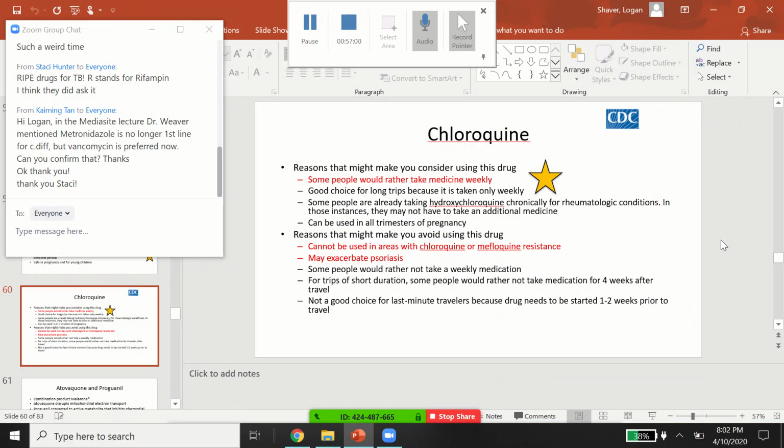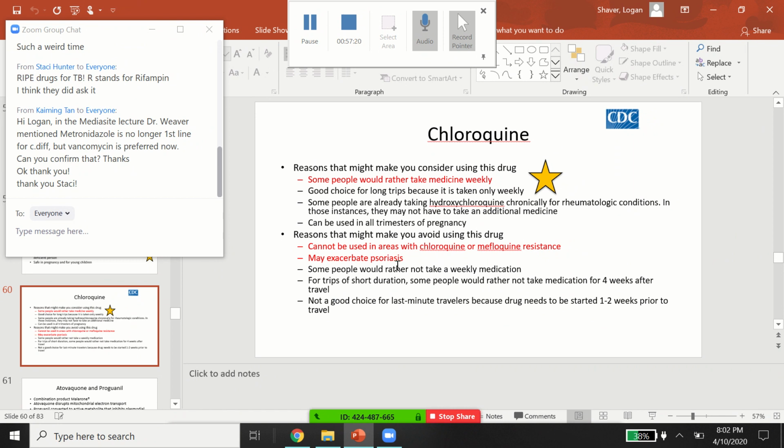And then notice here it says some people would rather take medicine weekly. So this is going to be the person that doesn't want to continuously take medication. They want to take it maybe once a week, right? Then you need to be thinking about possibly giving them chloroquine.